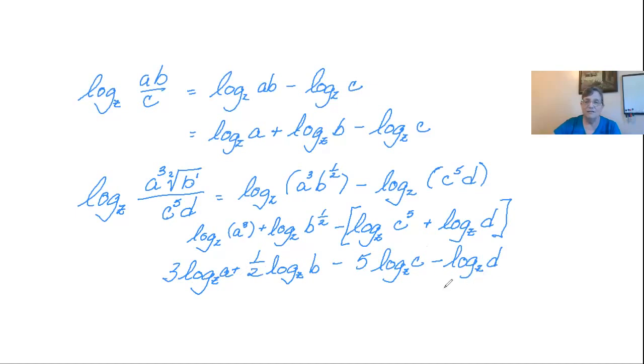So I can look at this and say, well, I had an a cubed in the top. I had a b to the 1/2 in the top. I had a c to the 5th in the bottom. And I had a d to the 1st in the bottom.